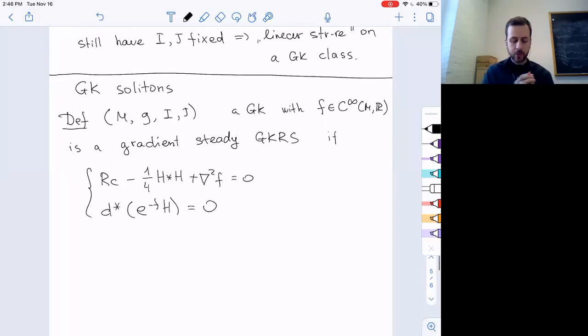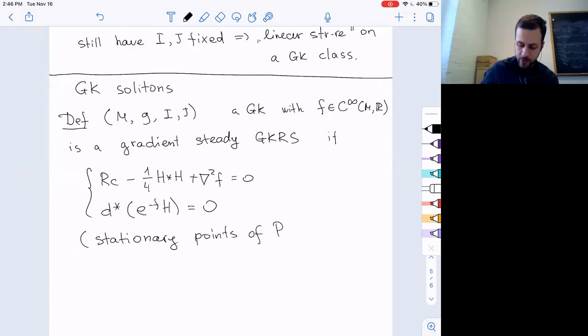So this is a system of equations which we're trying to solve. And this is not a random system. We have seen it appearing many times already. These are, in fact, stationary points of the Perelman functional.